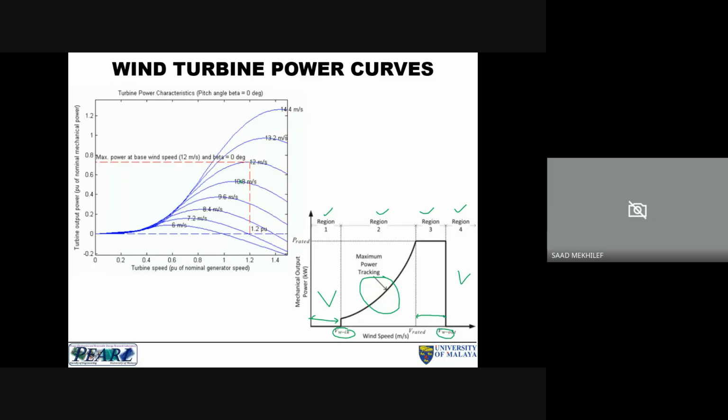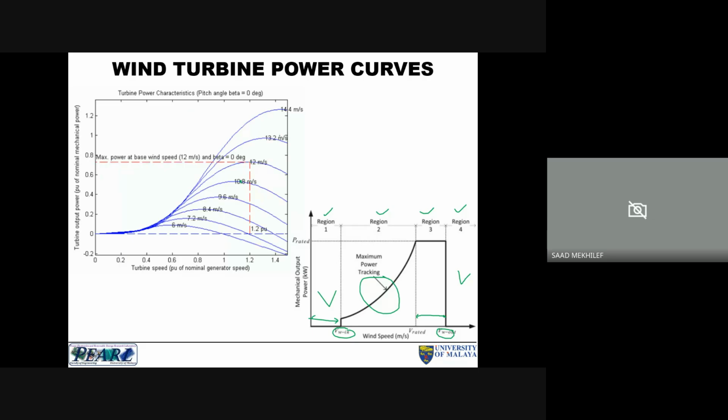For example, for this curve here, this is the maximum power for this point, at 1.2 per unit nominal speed. So it gives 12 meters per second. This is the maximum power that can be extracted from the wind turbine.